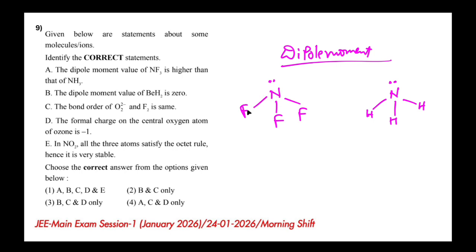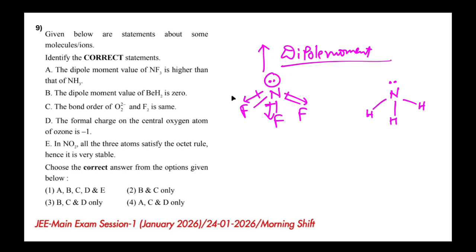Here, fluorine is more electronegative than nitrogen. That's why the bond moves towards the fluorine atom side. This bond also moves towards the fluorine side, and this bond also moves towards the fluorine side, but the lone pair will move in the upward direction.